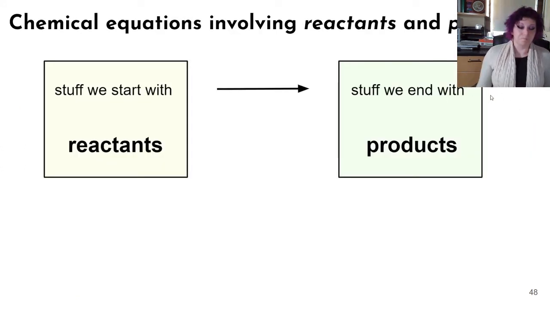So let us talk about how to write the chemical equation for electron affinity. Again, we start with the stuff. We start with our reactants, the stuff we start with, and then we end with our products, the stuff we end with. And then we always use this arrow to indicate that a chemical reaction is occurring.